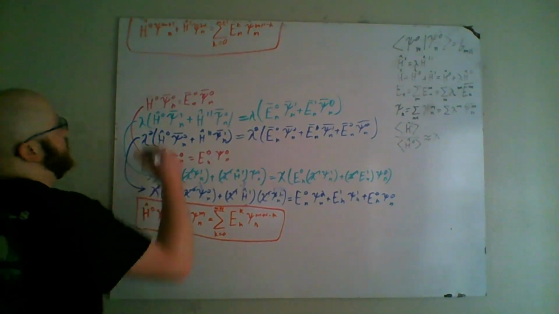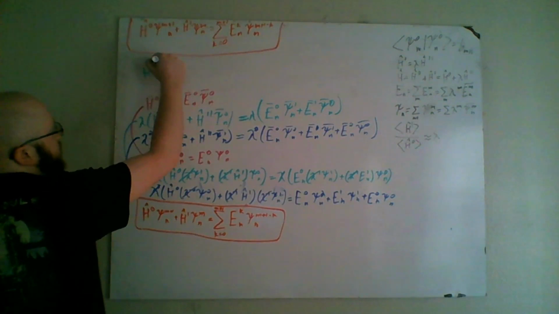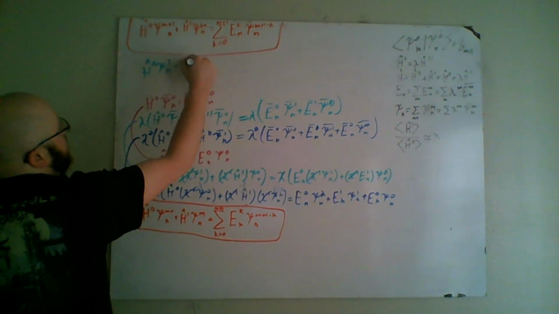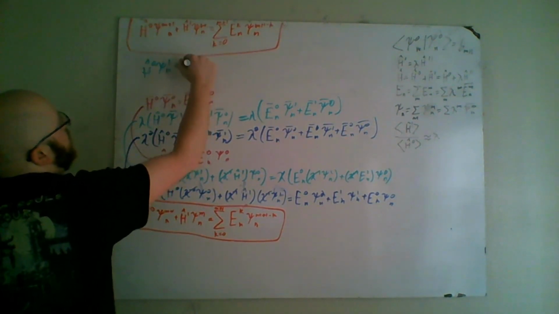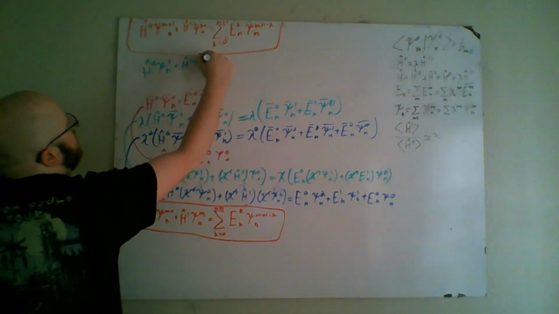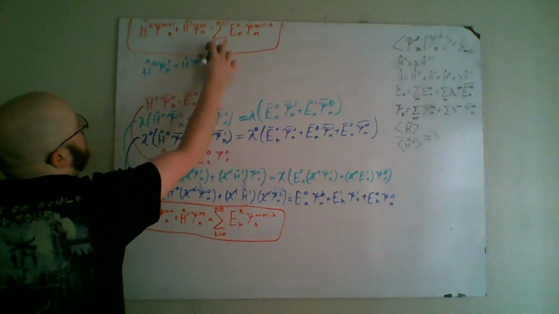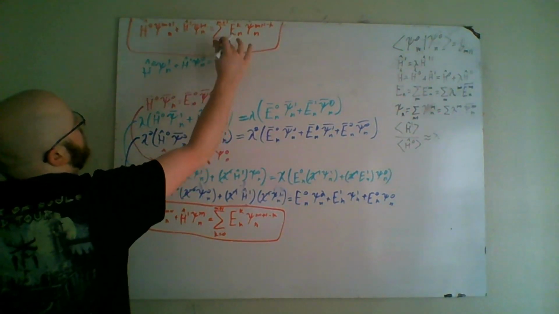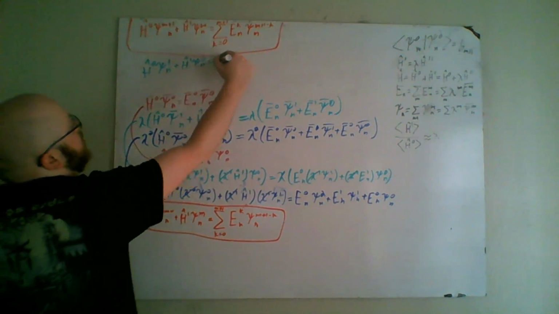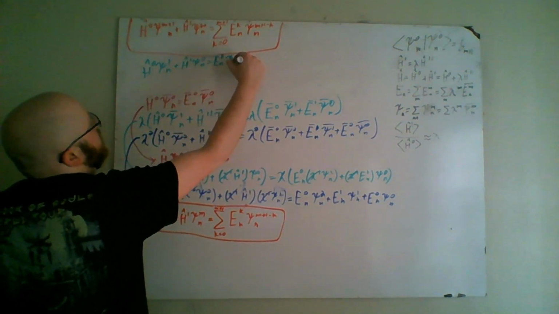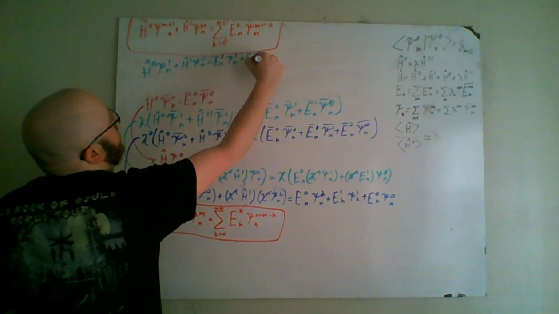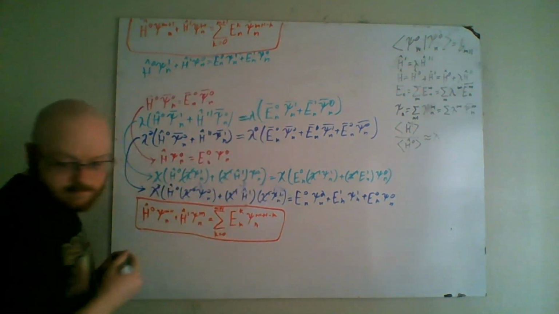Probably should have rewritten that, but we're going to work with this one, so it's h0 psi 1n plus h prime psi 0n equals, whatever this is, they have to all add up to, so e0n psi 1n plus e1n psi 0n.